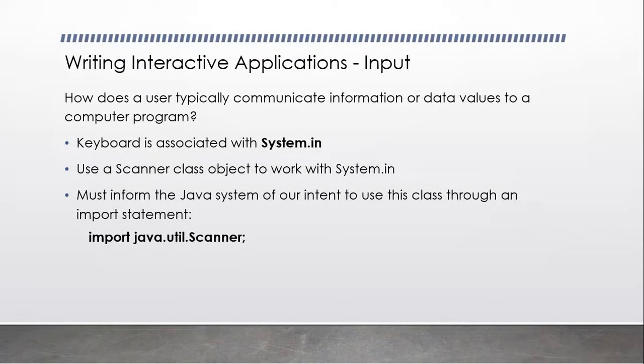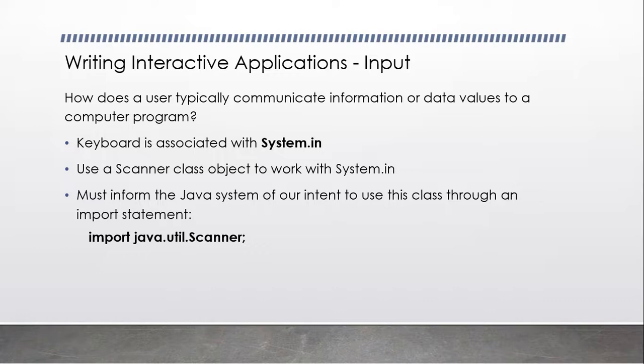Java.util is actually a package. It's kind of like a library that contains many different classes. And we're simply informing the Java system, the Java runtime environment, that we're going to be using one of the classes found in this library or in this package, something called Scanner.